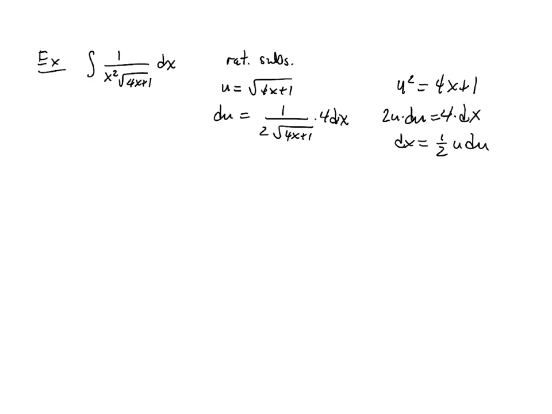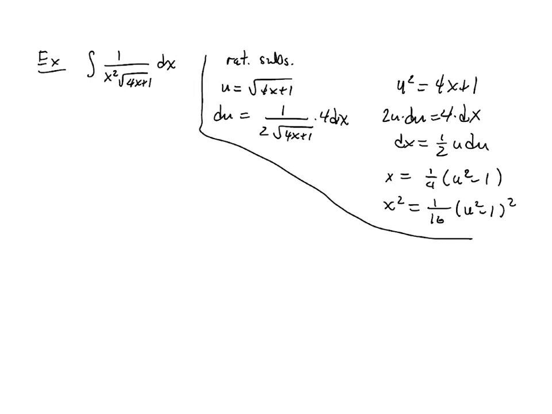And I can also solve what my x squared is going to be. So we have x equals 1/4 u squared minus 1, so x squared is 1/16 u squared minus 1 squared. And when you put all of that into the integral that we have over here, right?